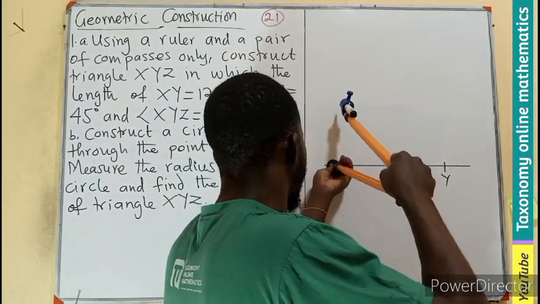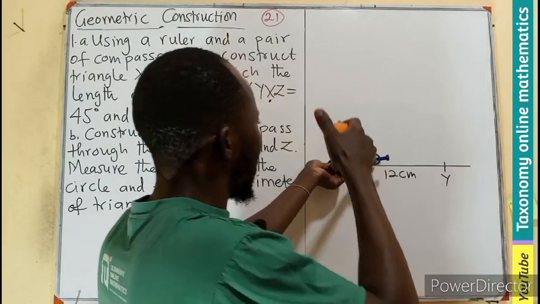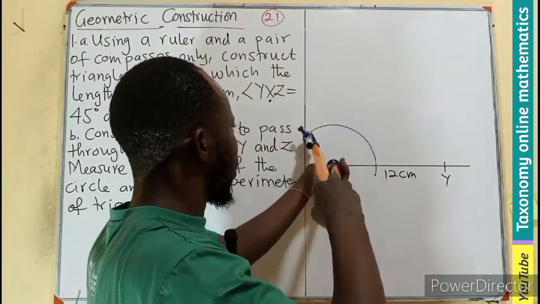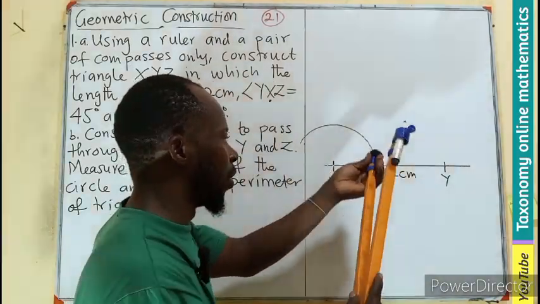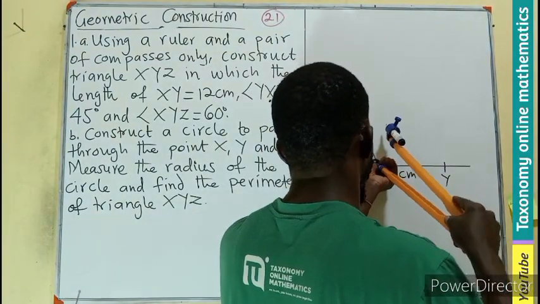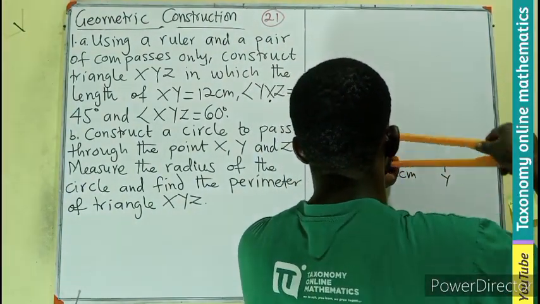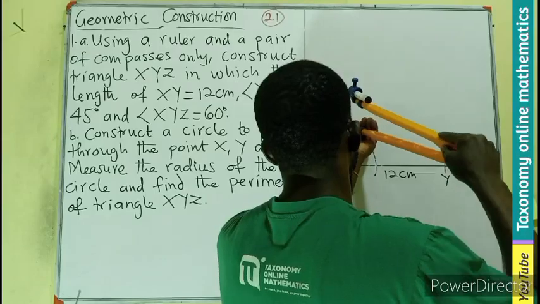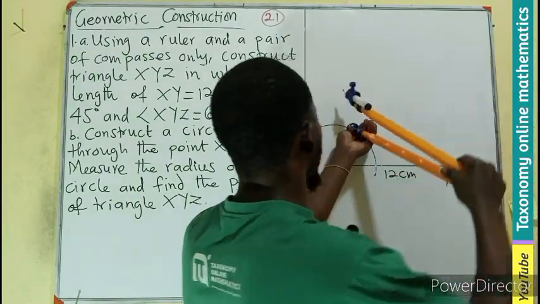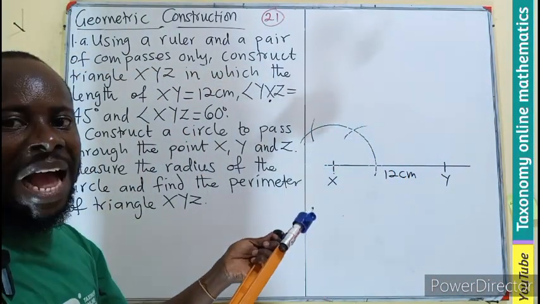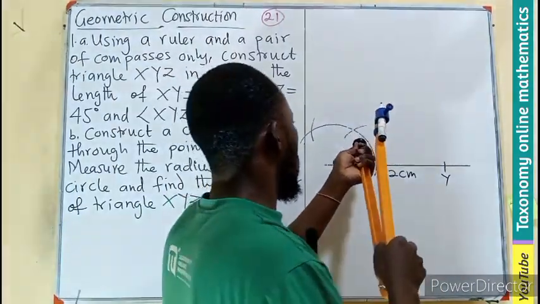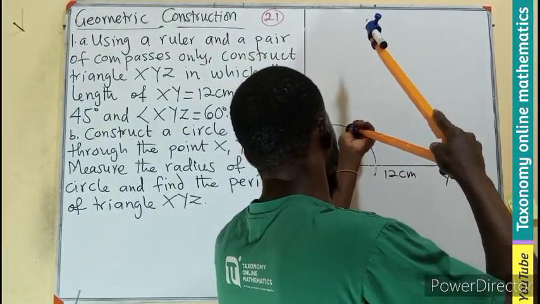Start at X, then make a semicircle with the same radius. Draw your two intersecting arcs, 1, 2. On those intersecting arcs, we are going to construct our 90 degrees.